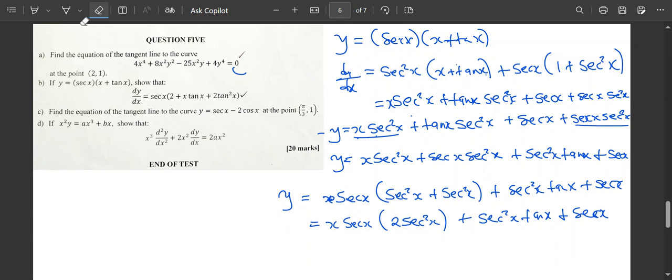So what I'm going to do here is, I'm trying to trace this one. I need to make sure that I have sec squared x like that. So my goal should be at least manipulating what is inside there.